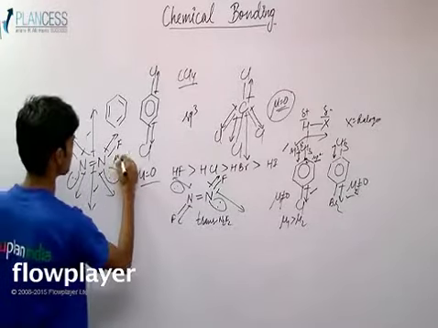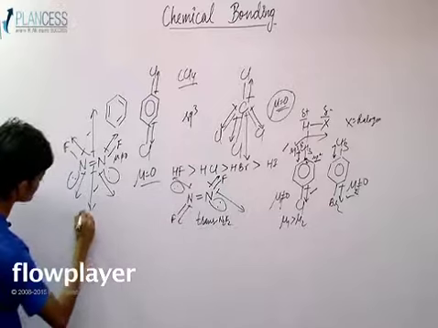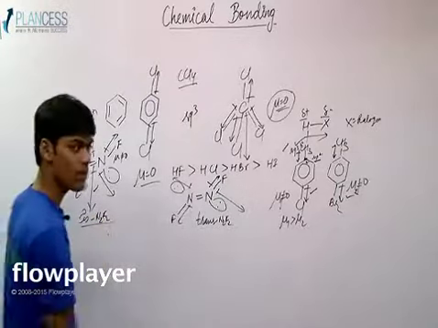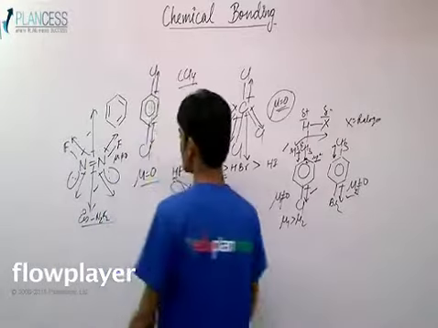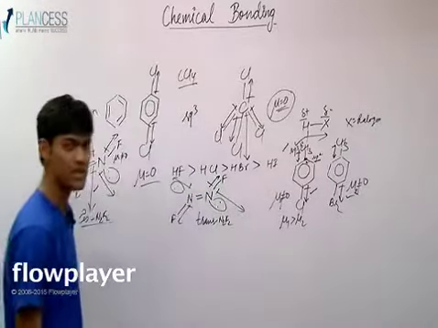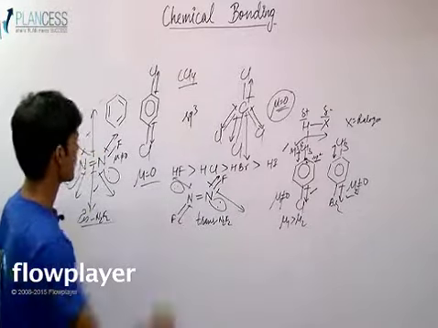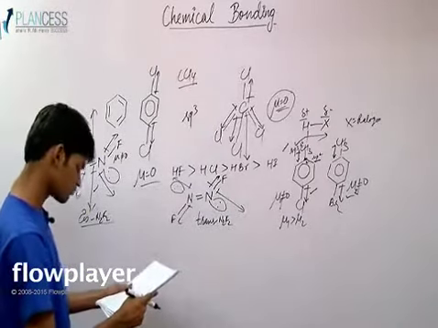So this mu is not equal to 0, and this is cis N2F2. If it is a cis isomer of N2F2, then its dipole moment is not 0, but if it is the trans form of N2F2, then its dipole moment is 0. So this is as far as dipole moment is concerned.